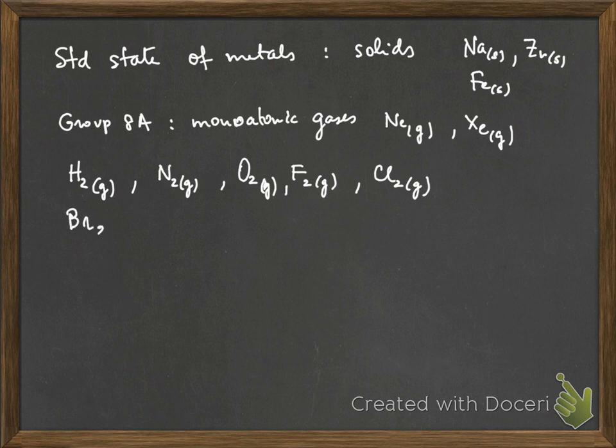Bromine, liquid, diatomic. Iodine, solid, diatomic. Again, what I'm listing for you, and this is something that you need to know, is how specific substances are most stable under the conditions of 1 atm and 298 Kelvin. To complete this list, we're going to be adding carbon.